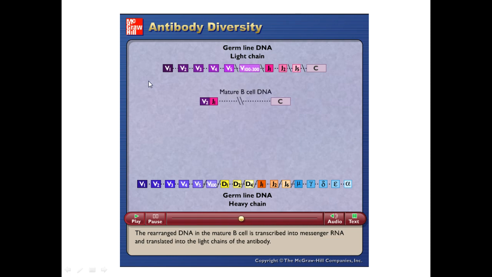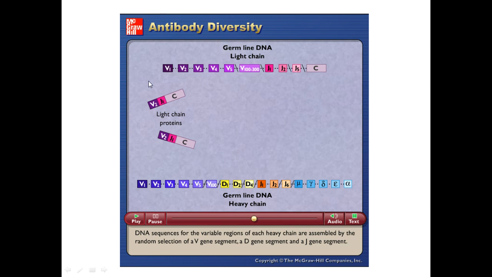The rearranged DNA in the mature B cell is transcribed into messenger RNA and translated into the light chain of the antibody. DNA sequences for the variable regions of each heavy chain are assembled by the random selection of a V gene segment, a D gene segment, and a J gene segment. The genes for the constant regions of heavy chains have Greek letters designating IgG, gamma, IgM, mu, IgA, alpha, IgE, epsilon, and IgD, delta.